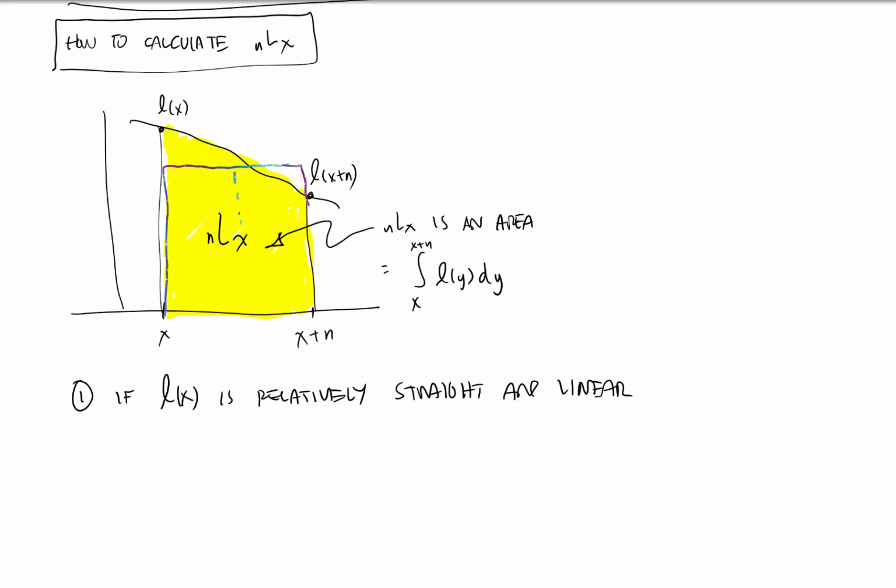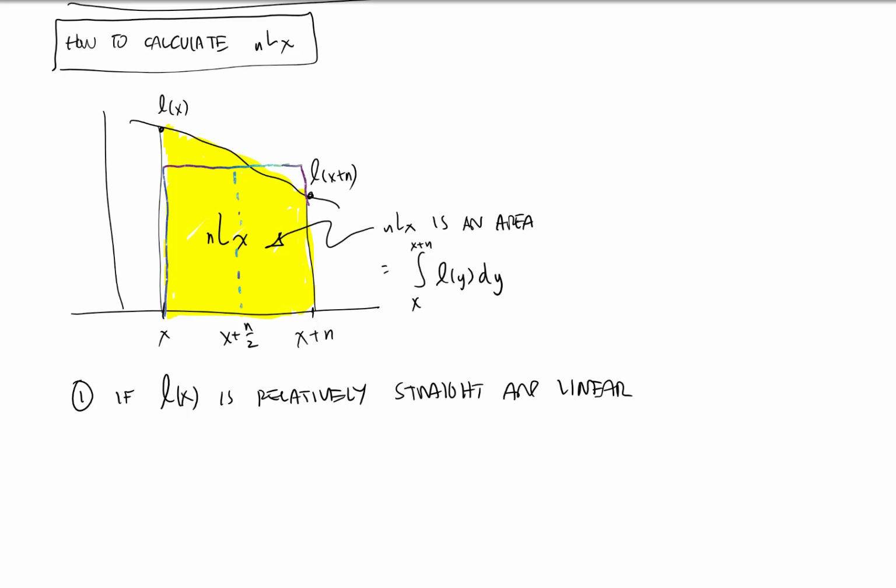What is the height of that rectangle? Well, this would be roughly x plus n over 2.